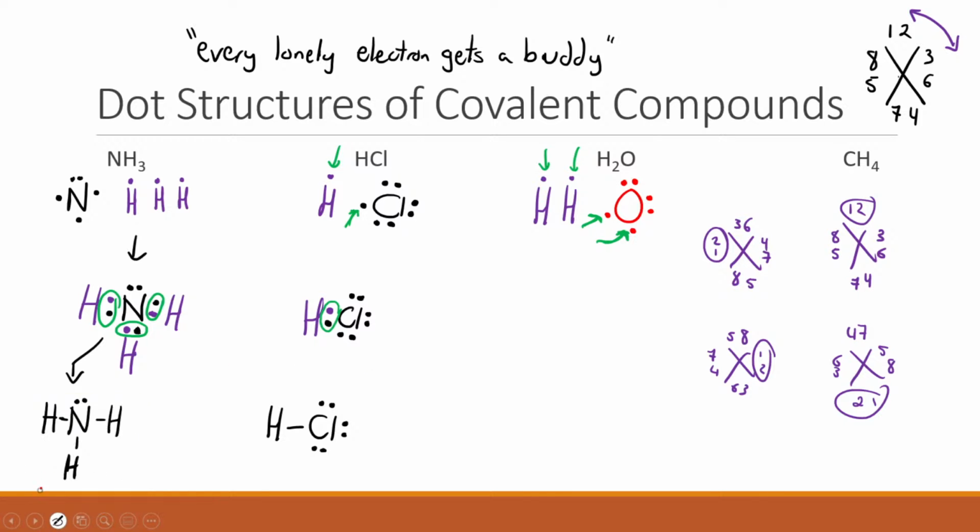And we can do that by clicking our hydrogens into place, one on the side and one on the bottom, creating 2 bonds. And leading us to a final picture that looks like this.